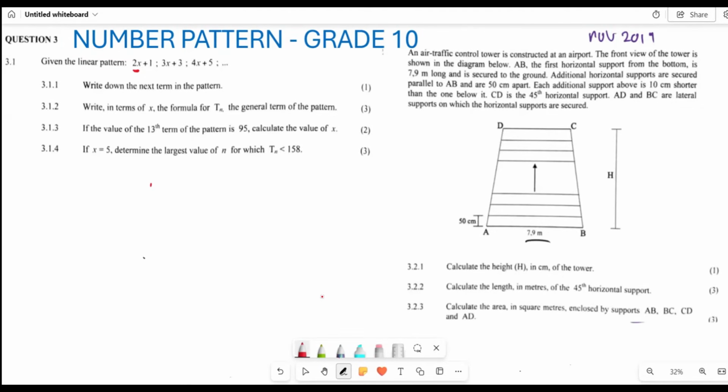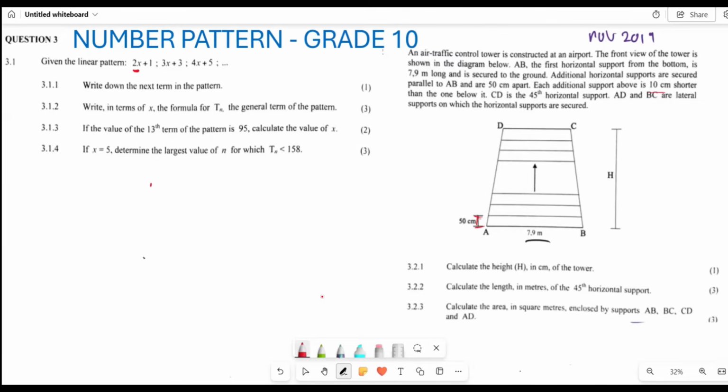They say additionally, we are having horizontal supports which are secured to AB and which are 50 centimeters apart. So this is the 50 centimeters apart that they are referring to. Then they say each additional support is going to be 10 centimeters shorter than the one below it, right?